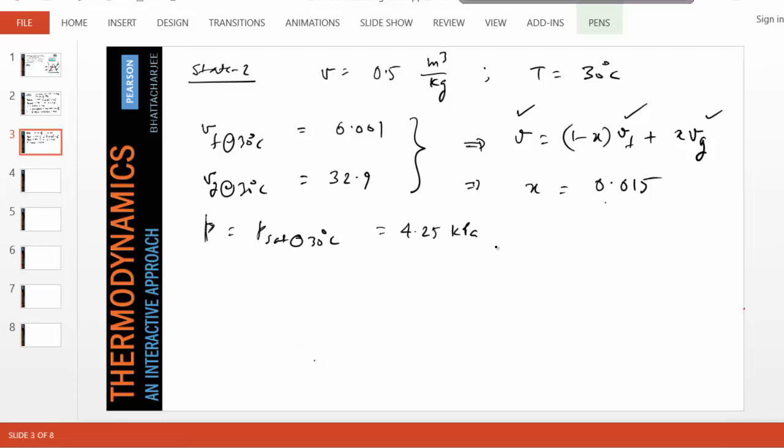Anyway, now that we know the pressure, in this particular problem we need to find U and S. So U would be, again, (1 minus X) times UF plus X times UG.